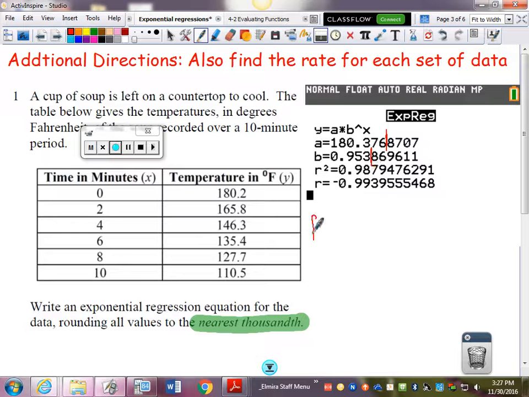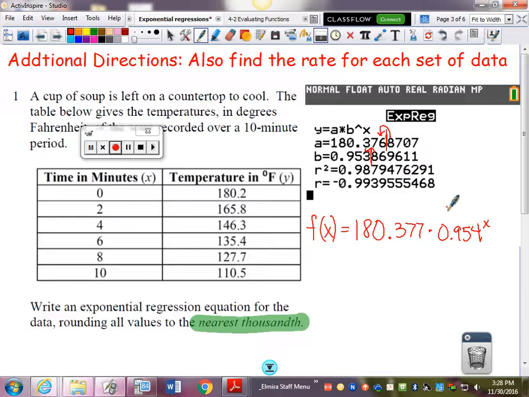Okay, so that would make this f of x equals 180.37, let's see, 8 tells 6, go up to a 7, times 0.95, 8 tells the 3 to go up to a 4, to the x power.